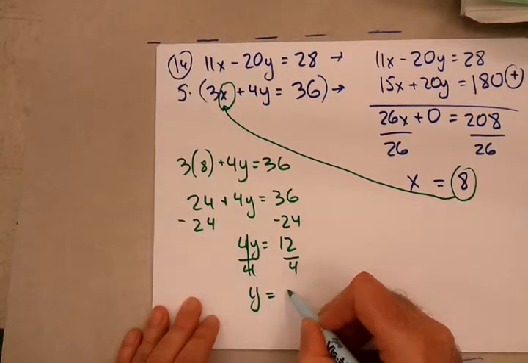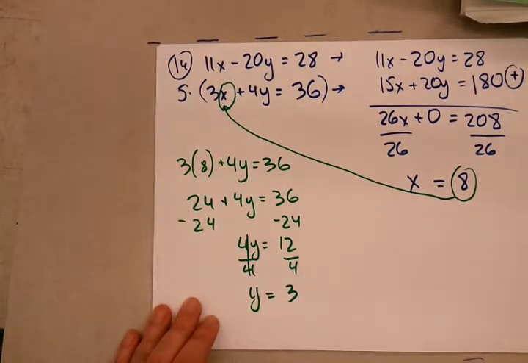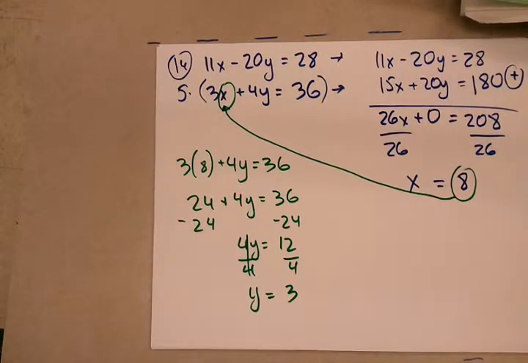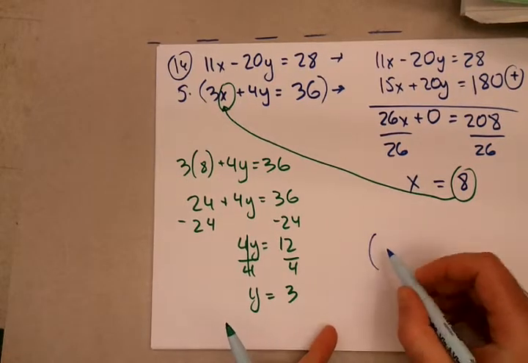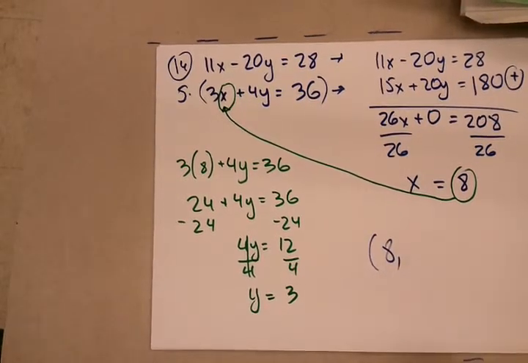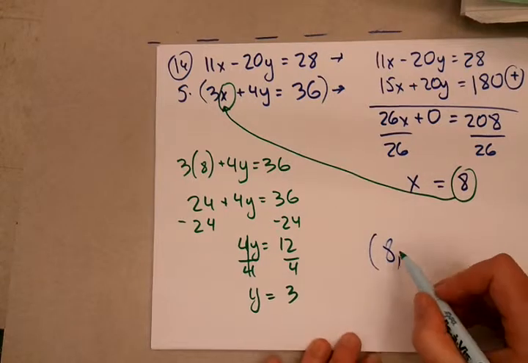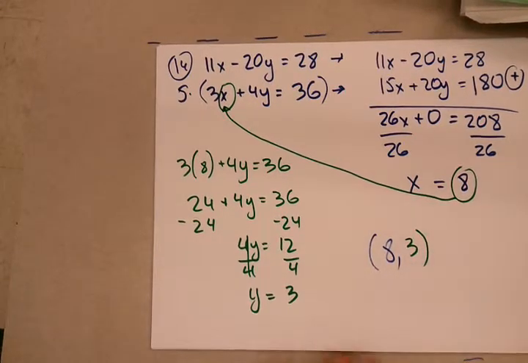Simplifies to 1, and y equals 3. Good. So if that's the case, our answer is x first, x at 8, and y at 3. That's our point of intersection for those two equations, and that's our solution.